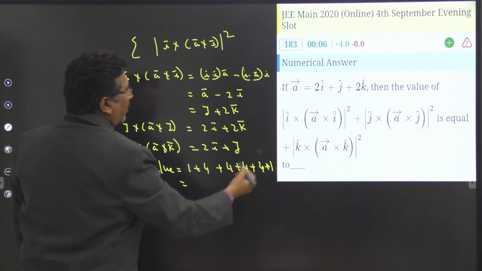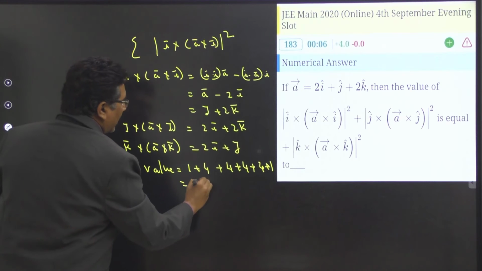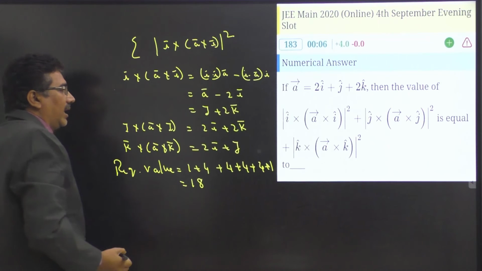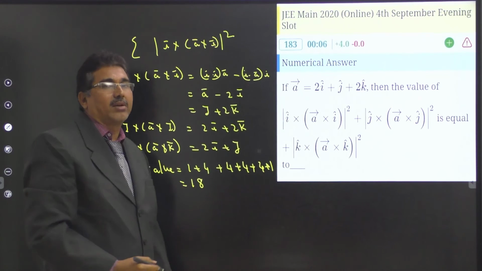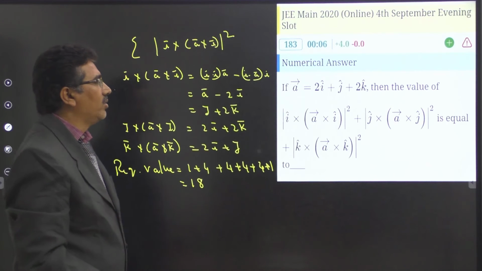That is equal to 4 4s are 16 plus 2, that is equal to 18. Therefore the required value is equal to 18.